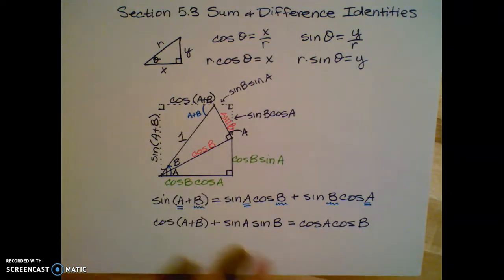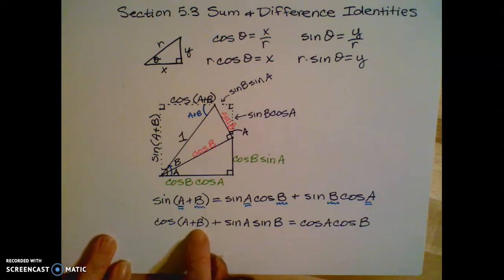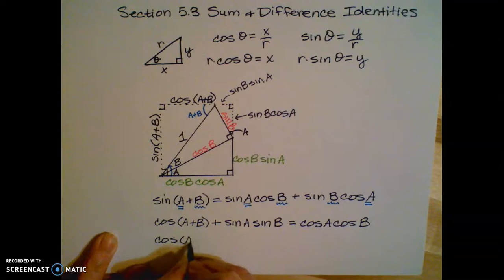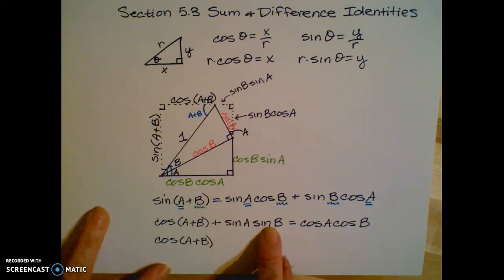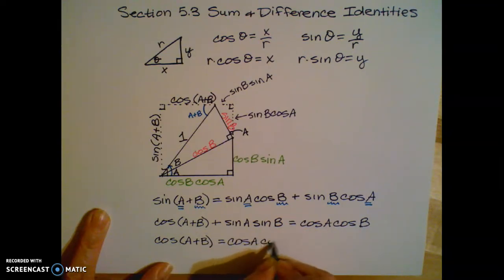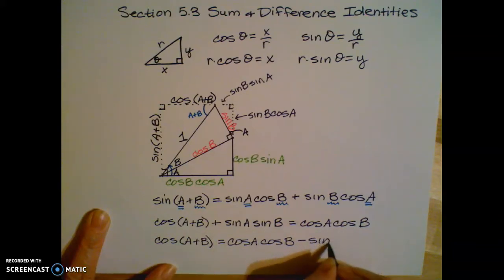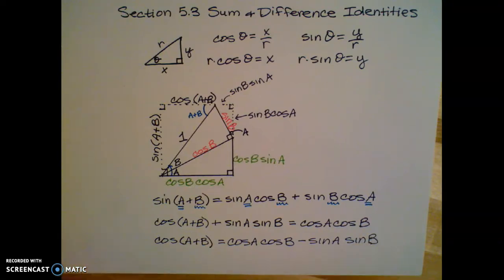Okay, so we typically don't see this one in this form. We usually see it with this cosine of the quantity A plus B isolated. So the way that we'd isolate that in this case would be to subtract this quantity on both sides, which would produce this quantity, cosine A, cosine B, minus that quantity, sine A, sine B. And that produces what's known as the cosine sum formula.